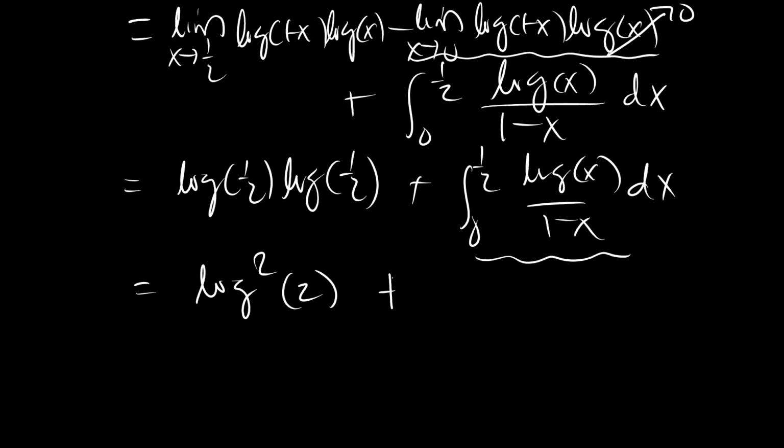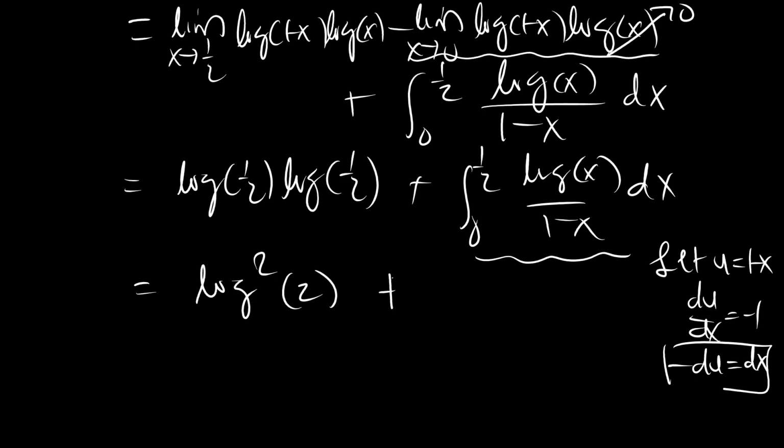We would say let u be equal to 1 minus x such that du dx is equal to negative 1, and so negative du would substitute for dx. And then as x tends to 0, we would have u equal to 1. So we have 1 here. As u tends to a half, we would have a half.